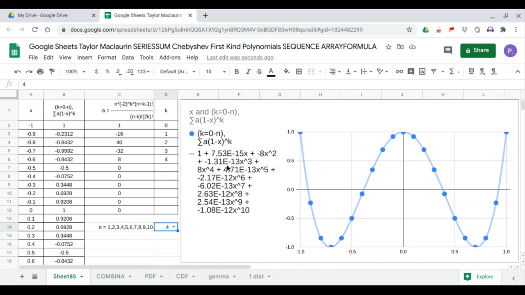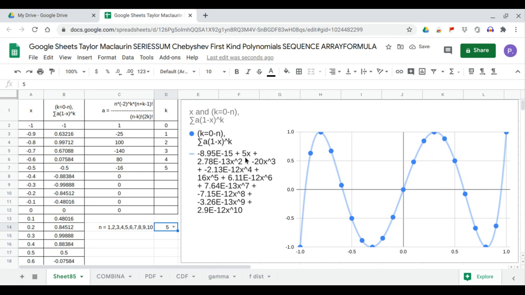At n equals 5, y equals 5x minus 20x cubed plus 16x to the 5th. That's it.